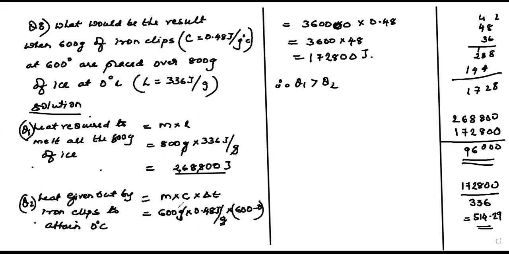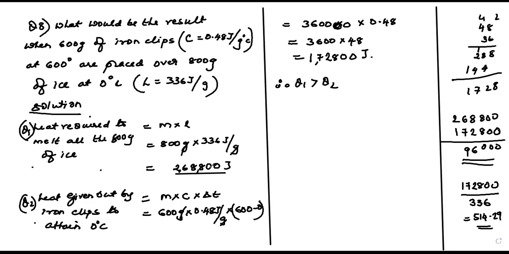That means 600 into 600 is 3,60,000 into 0.48. 2 zeros go away, decimal gets shifted. So 3,600 into 48, and you get 1,72,800. Please have a look here. If all of the iron clips come down to 0, how much heat will it give out? 1,72,800. But how much heat is needed to melt all the ice?